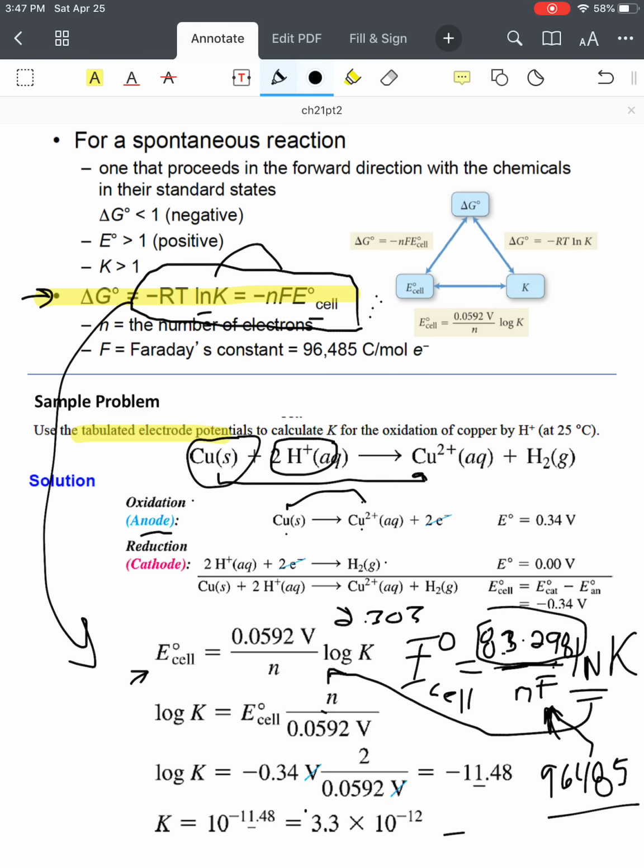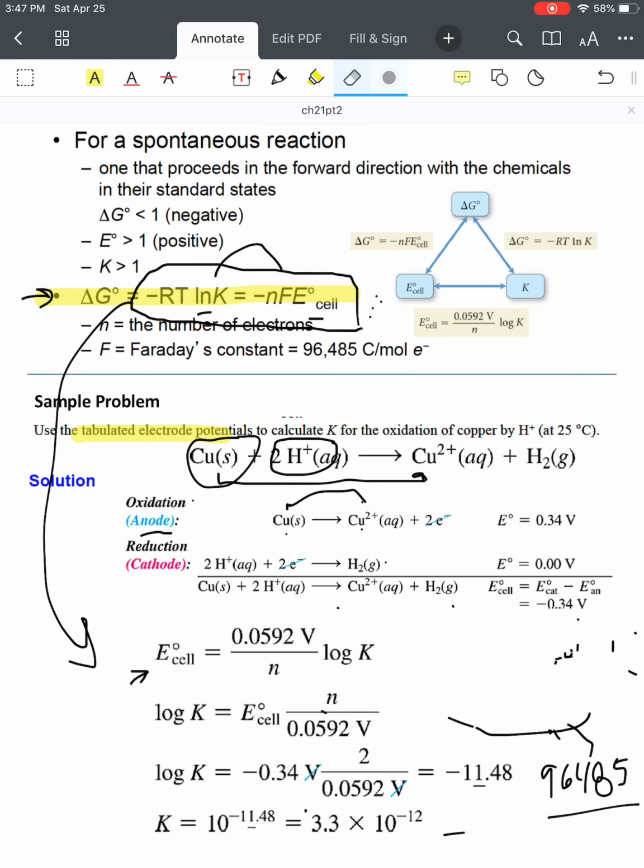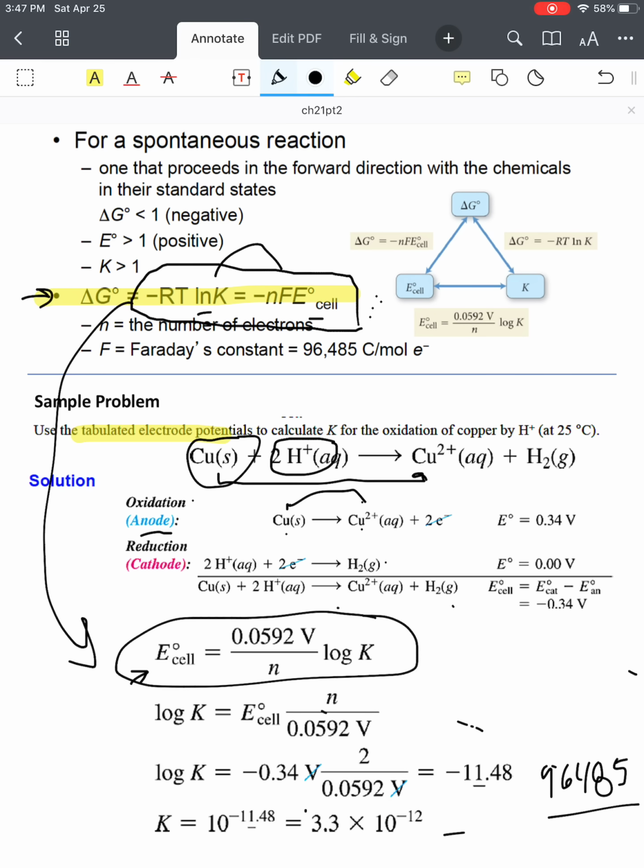But basically, if you plug those numbers in, and you account for this conversion from natural log to base 10 log of this factor of 2.303, you basically end up with the equation that is shown right here. So they converted from natural log to LOG in the process, okay?